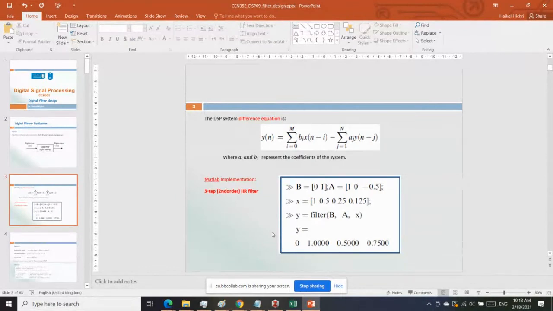Remember, the DSP system difference equation is of this form, and y[n], the output, is a linear combination of past values of x minus a linear combination of past values of y.